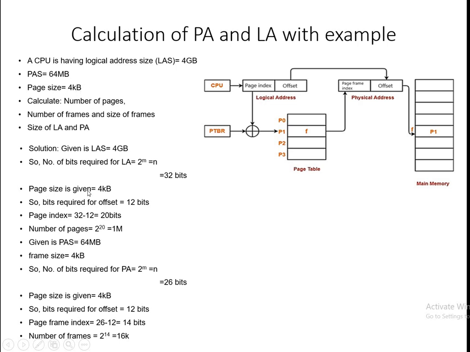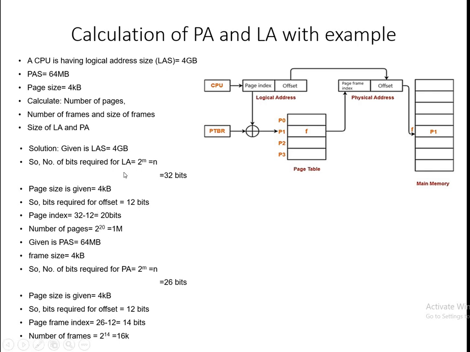The number of bits required for the offset will be 12 bits. Again we use the same principle, 2 raised to power m is equal to n. Here n is 4 KB, the number of combinations of the page, since one page has 4 kilobytes. To assign an address to each and every byte of 4 KB, we require 12 bits. So 2 raised to power 12 is equal to 4 KB.